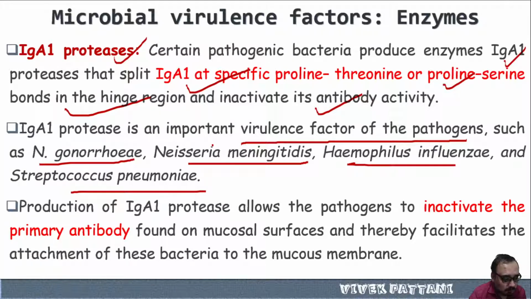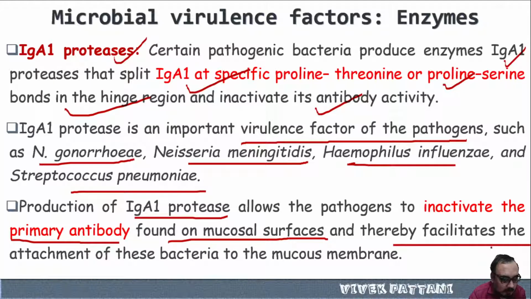So the production of the IgA1 protease allows the pathogen to inactivate the primary antibody found on the mucosal surfaces and thereby facilitates attachment of the bacteria to the mucous membranes.